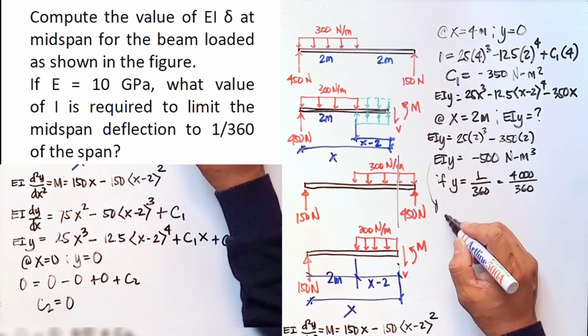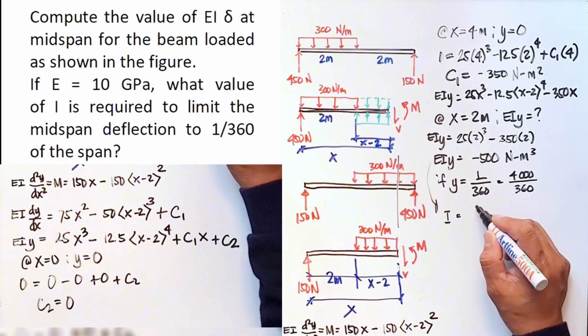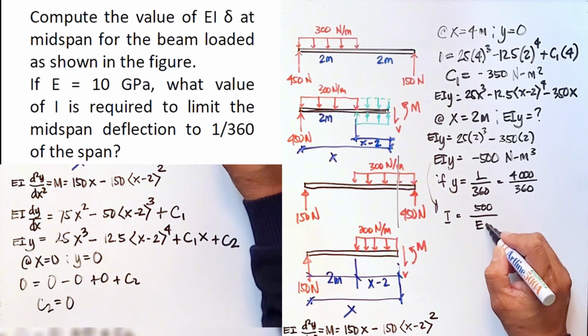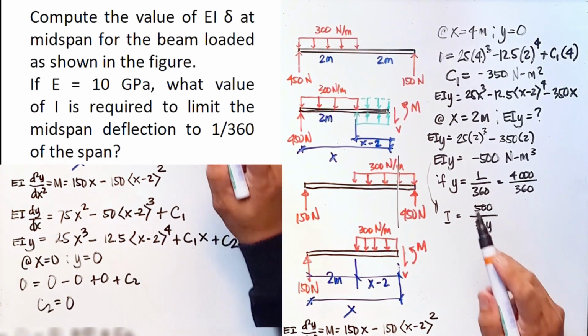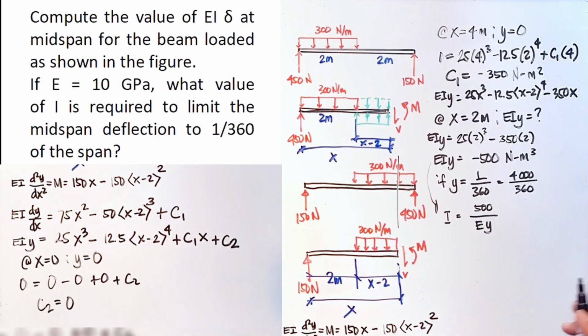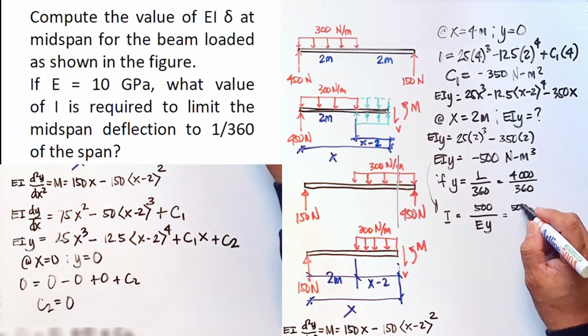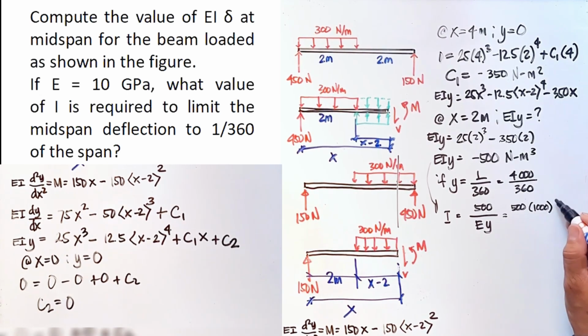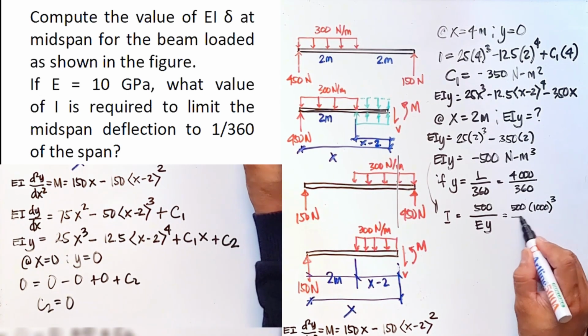This becomes I equals 500 over E over y. So let's just remove the negative sign. It only indicates the direction of the deflection. So we have 500. This is Newton meter cube. We will convert that meter to millimeters. And since that's cube, we will also cube this one.